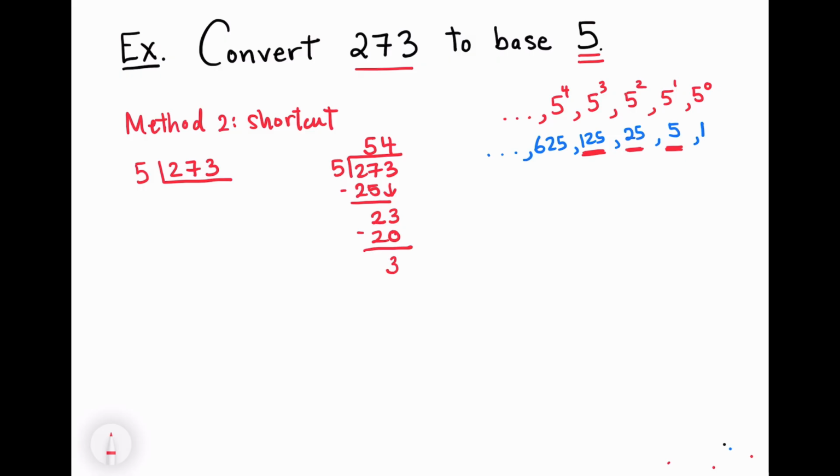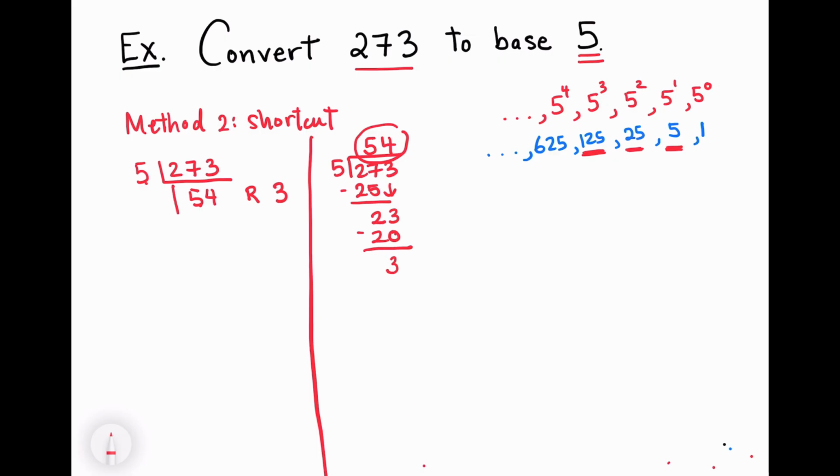Now I'm going to write the new quotient beneath the number, and I'm going to write the remainder out here. And then if 5 still goes into the new quotient, I divide again.